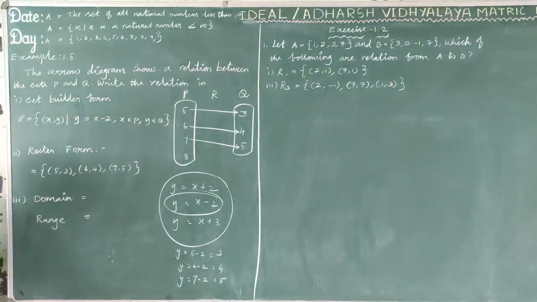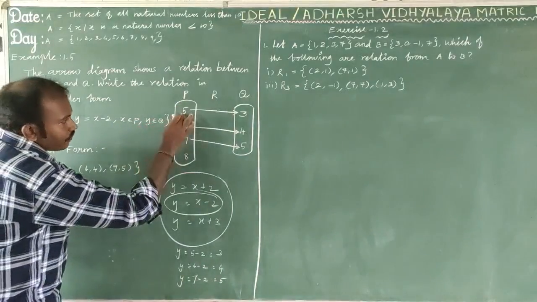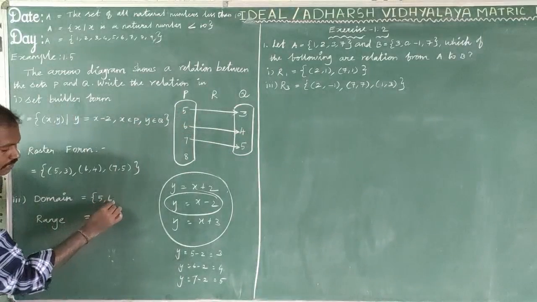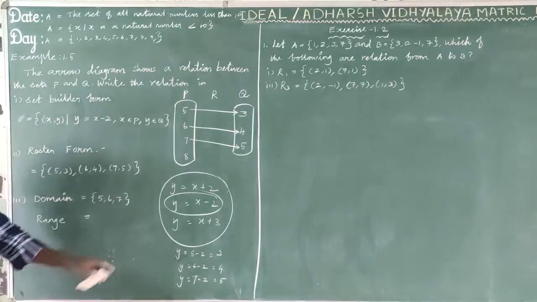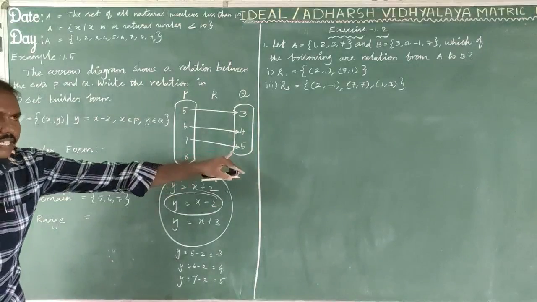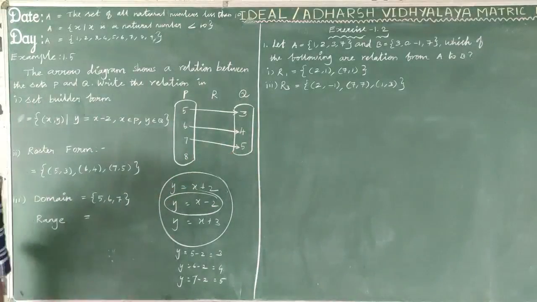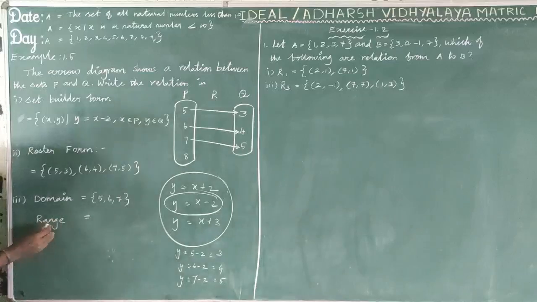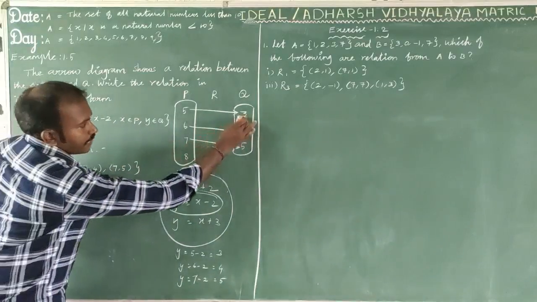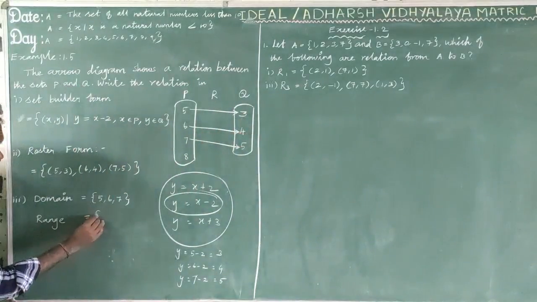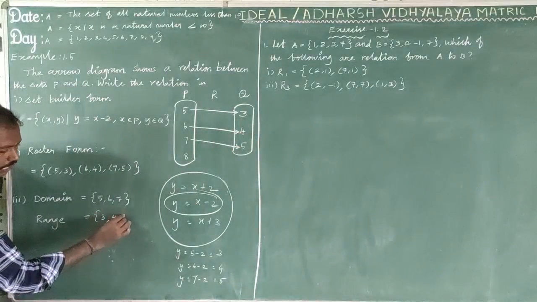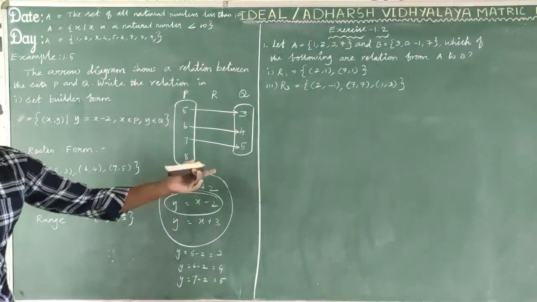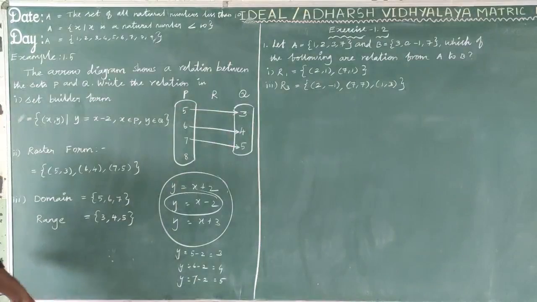Next, domain of R: here 5, 6, 7. That's all, because the element 8 is not related to anything in B, so here 5, 6, 7. That is the domain. Then range of R: here 3, 4 and 5. Here codomain is equal to range. That's all.